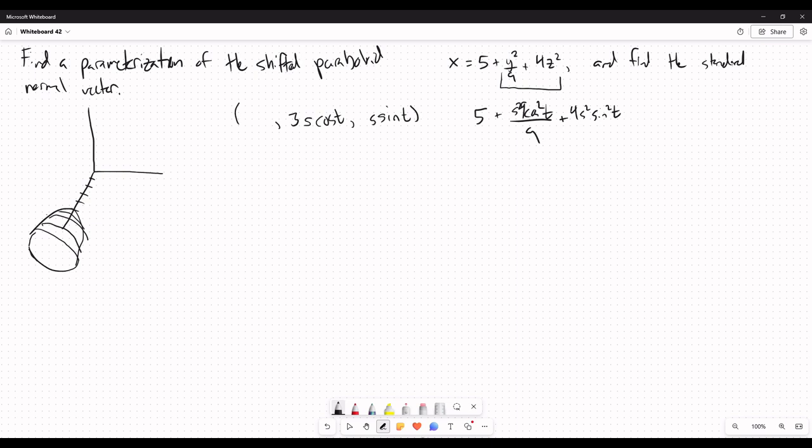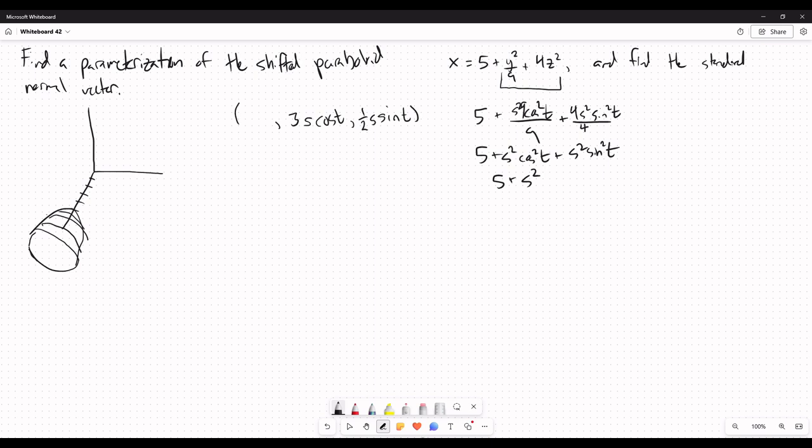And if I put a 1/2 here, this will give me a 1/4 that cancels out with that 4. So now, if I have this as my parameterization for y and z, this will turn into 5 plus s squared of cosine squared of t plus s squared of sine squared of t, which is 5 plus s squared.